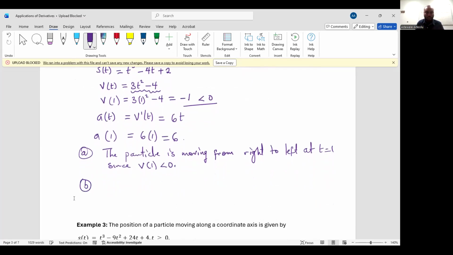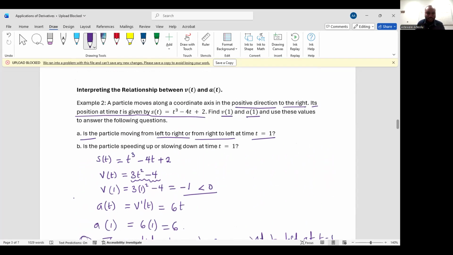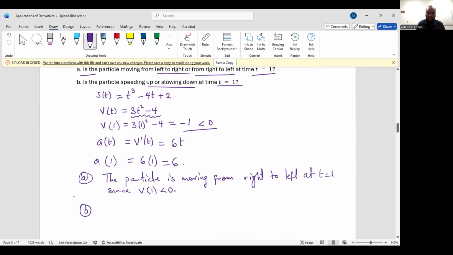Okay, B, is the particle speeding up or slowing down at t equals 1? Well, look at this. Acceleration is positive. Velocity is negative. Opposite sign. They have opposing signs.